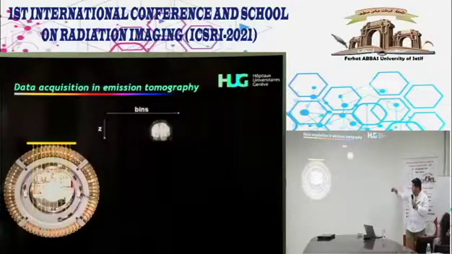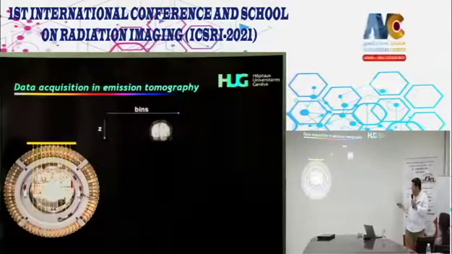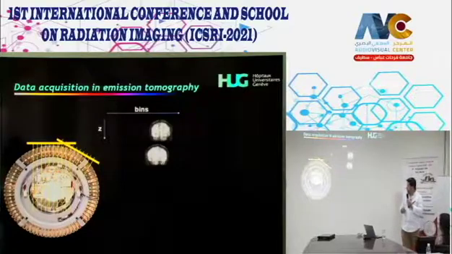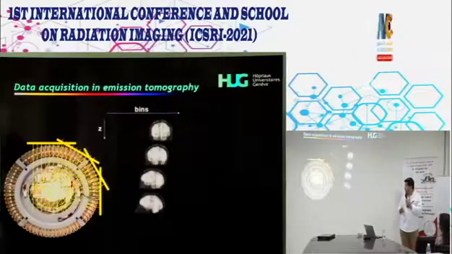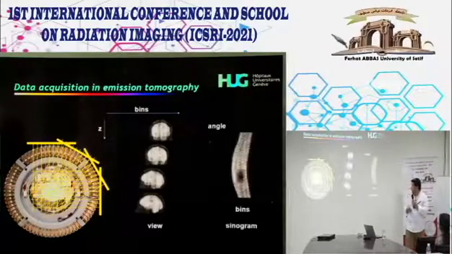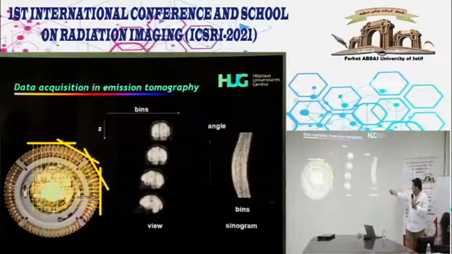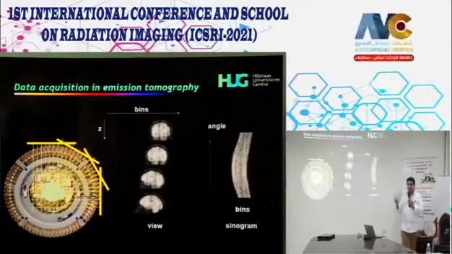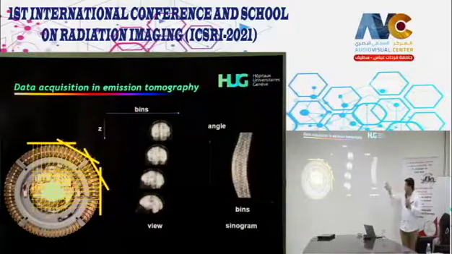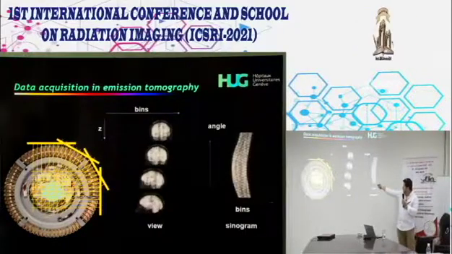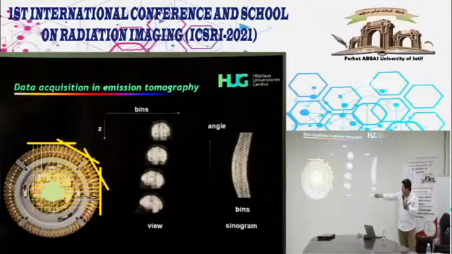Instead of getting a single planar projection, we rotate the detectors around the patient to acquire multiple projections at different angles, and then we save the data exactly as in X-ray computed tomography in sinogram format. Each point within this matrix reflects a line of response, what you see here in yellow, right?